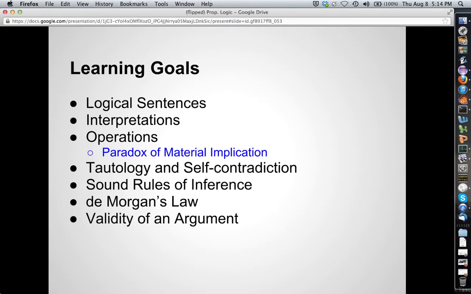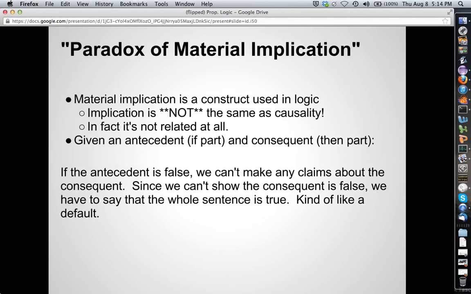And so I want to do a little aside here for this paradox of material implication. This is a construct used in logic. It's often pronounced if P then Q, but implication is not the same as causality. In fact, it's not really related to causality at all.